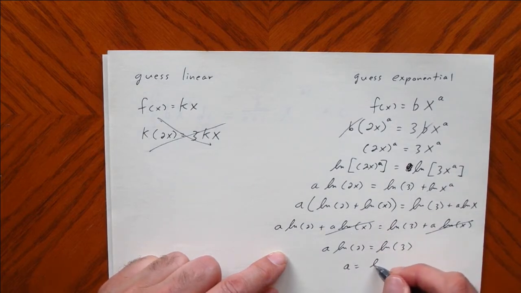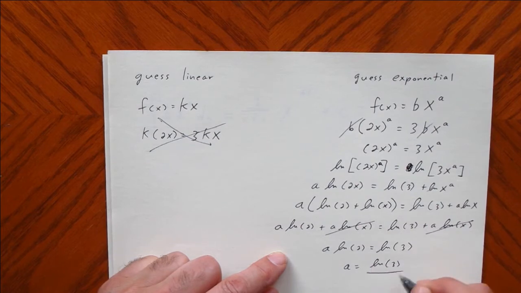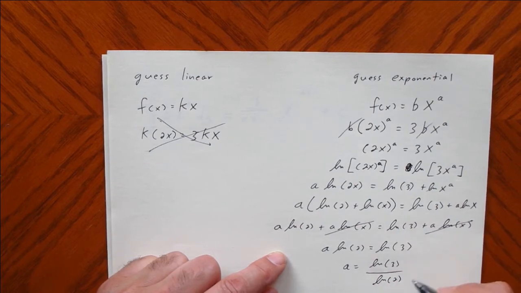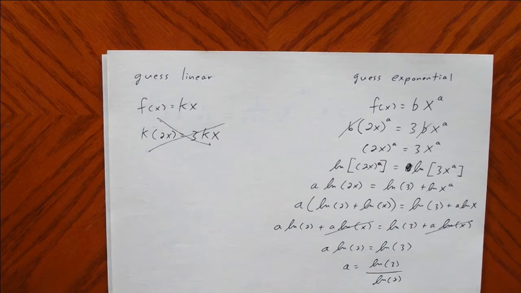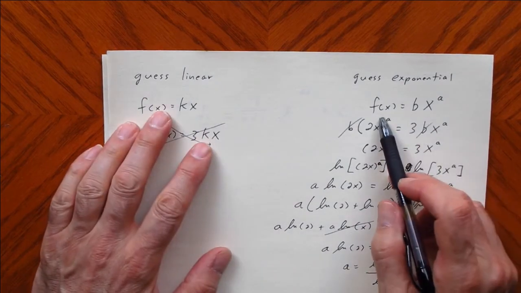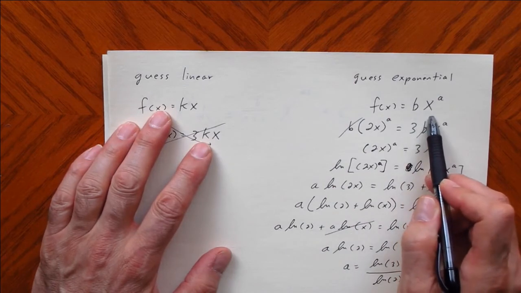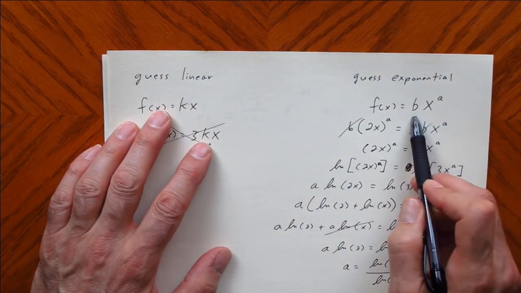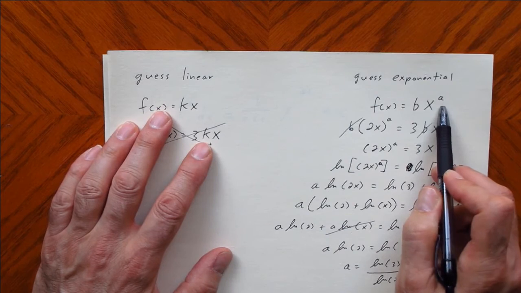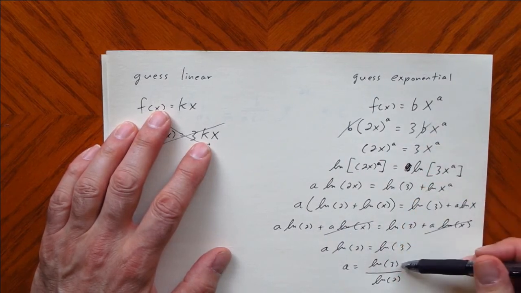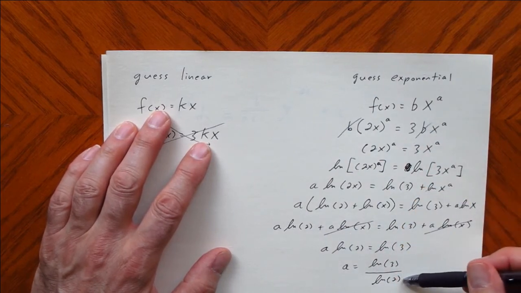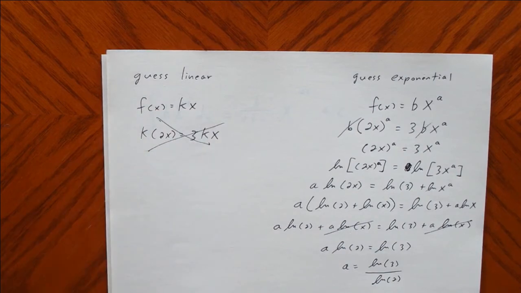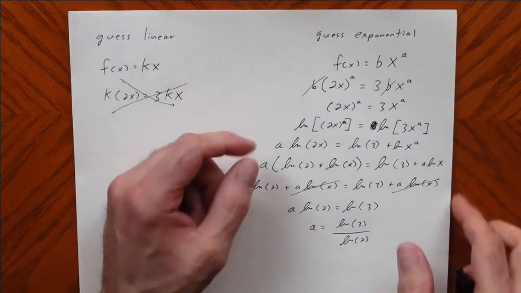A equals log of 3 over log of 2. Okay, we've now found a. Here we have f of x equals b x to the a. We still don't know b, but we've identified a. This a here is the natural log of 3 divided by the natural log of 2. Okay, we're a little bit closer.